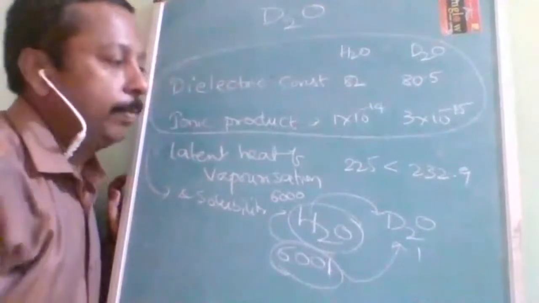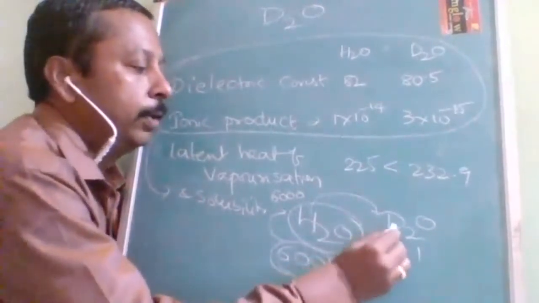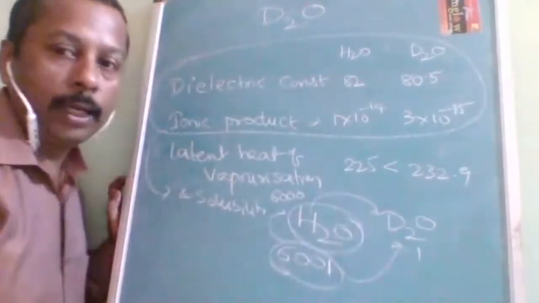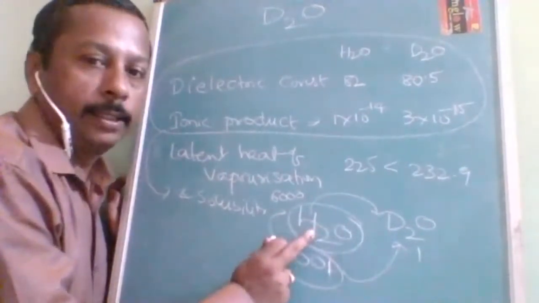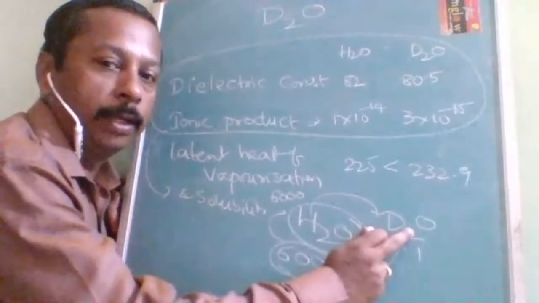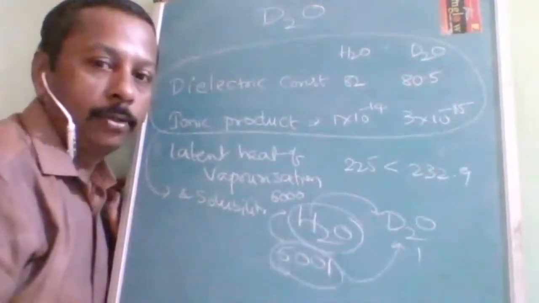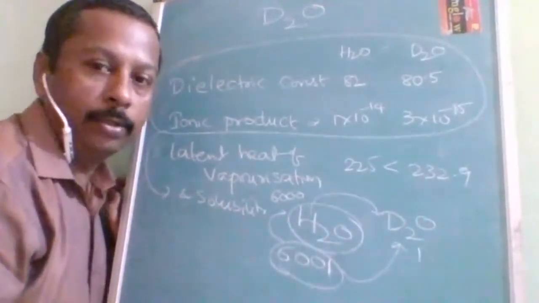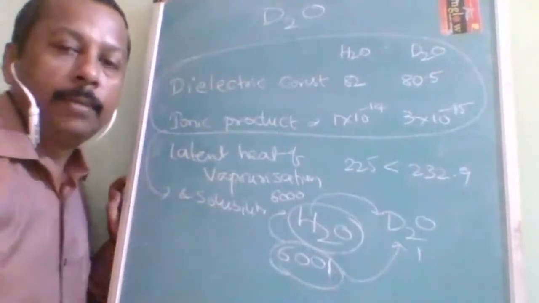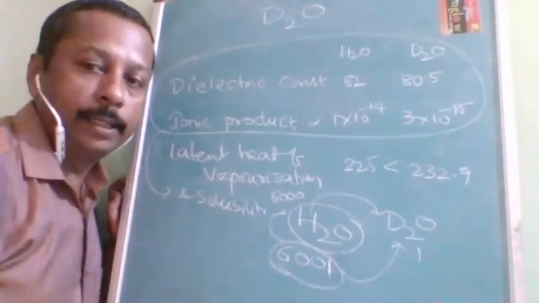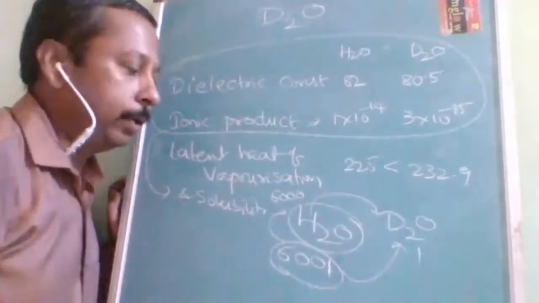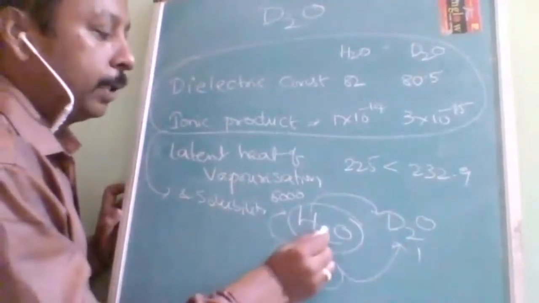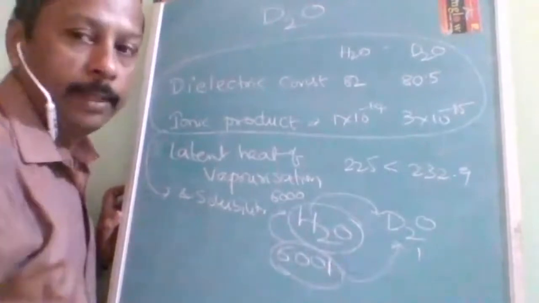Everybody knows that deuterium mass is 2 and hydrogen mass is 1. So if water mass is 18, then D2O mass will be 20. Due to the increase in molecular mass, there will be a decrease in reactivity. So 6000 parts will be H2O and one part will be D2O.